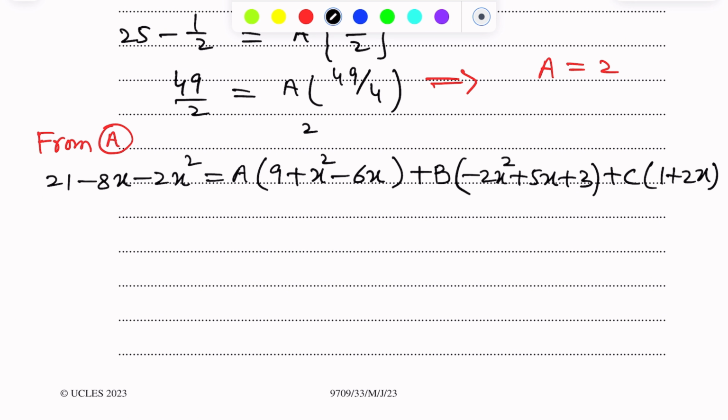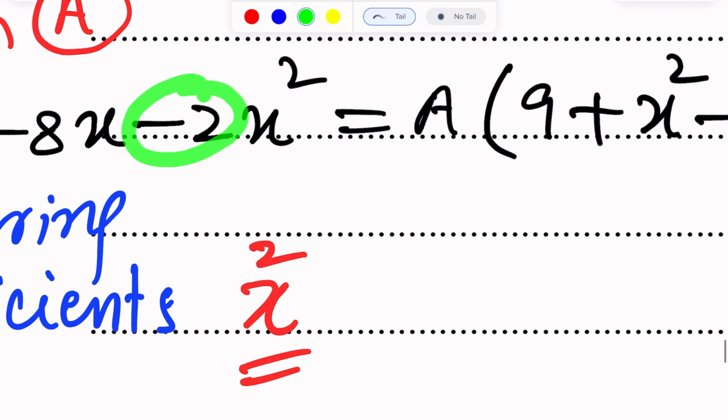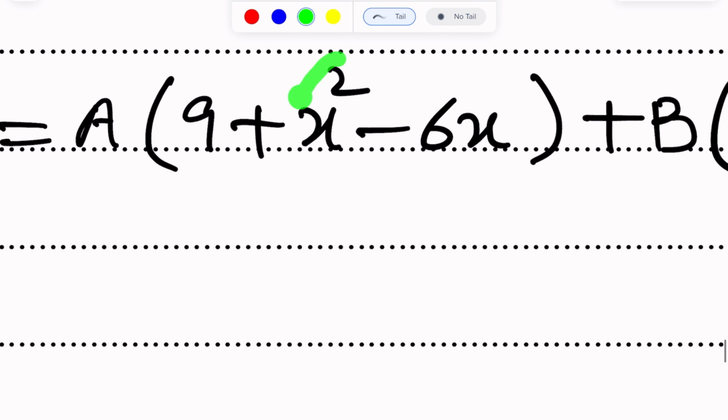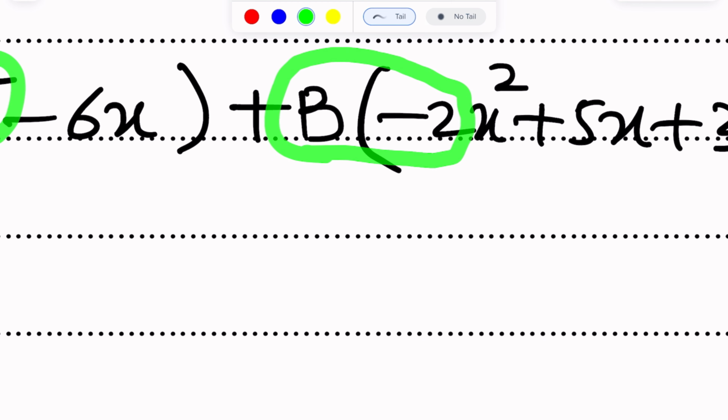Now comparing the coefficients, first we compare the coefficients of x square. On the left hand side, the coefficient of x square is negative 2. On the right hand side, the coefficient of x square is A minus 2B.